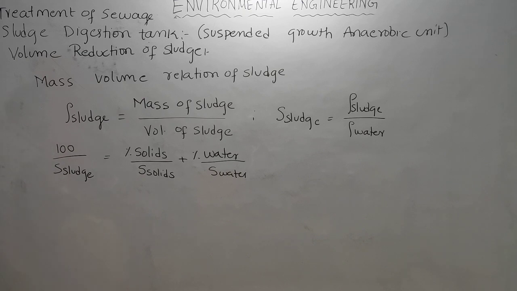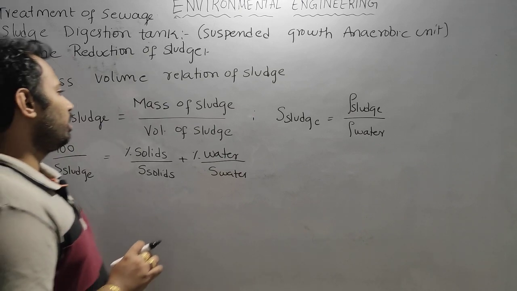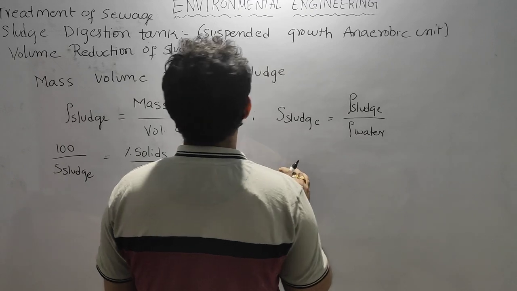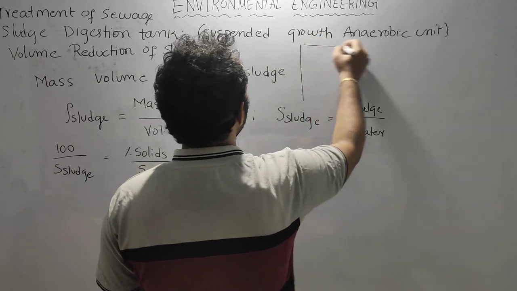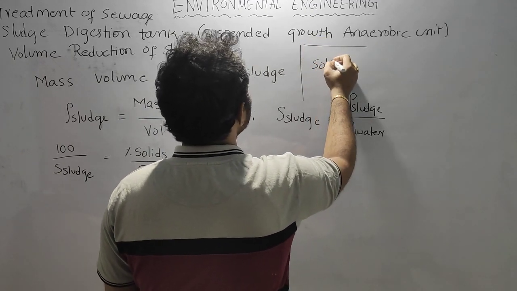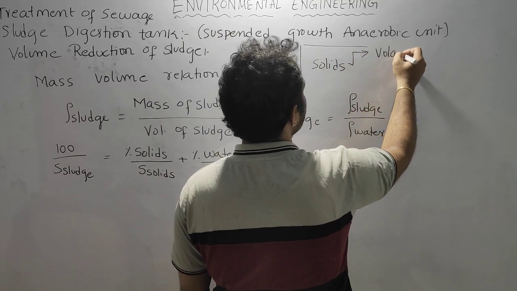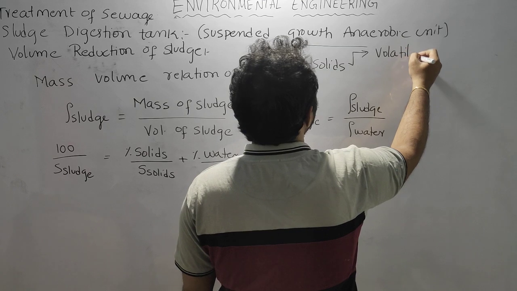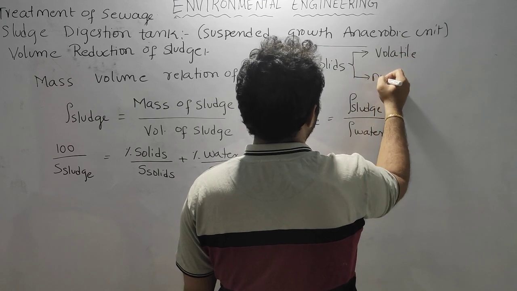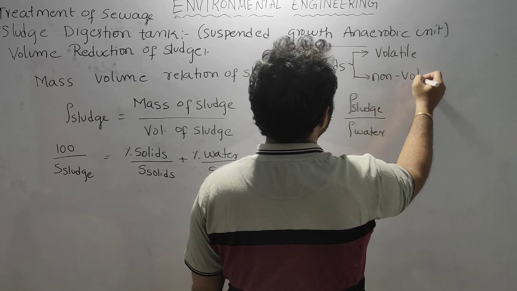And again, if you look at the solids in the sludge, there will be volatile solids and non-volatile solids. Solids are of two types: volatile and non-volatile, or fixed.